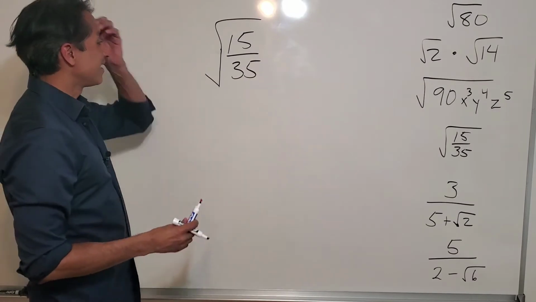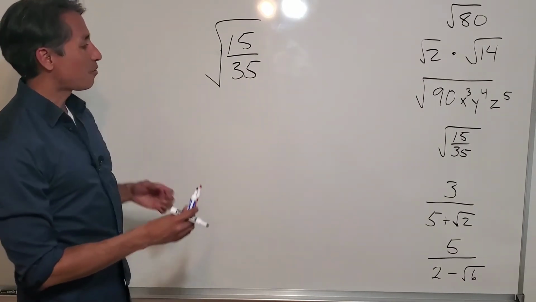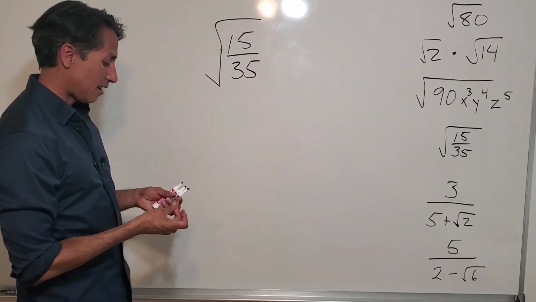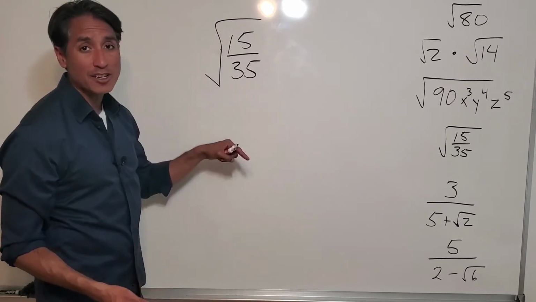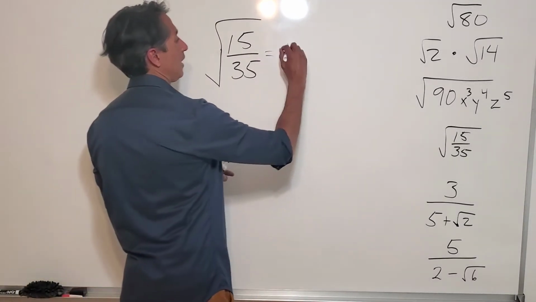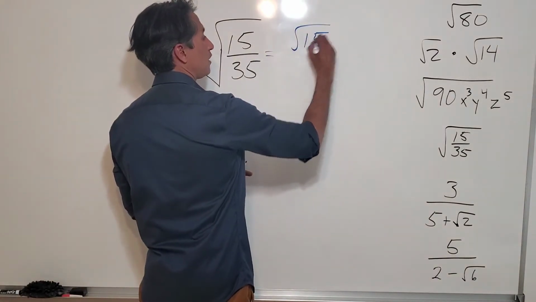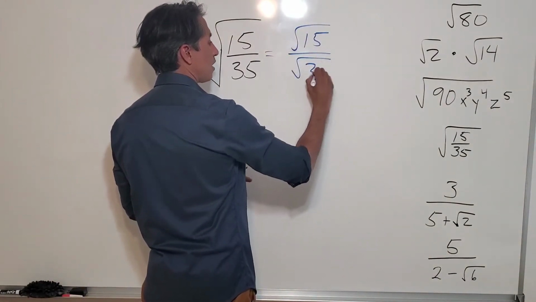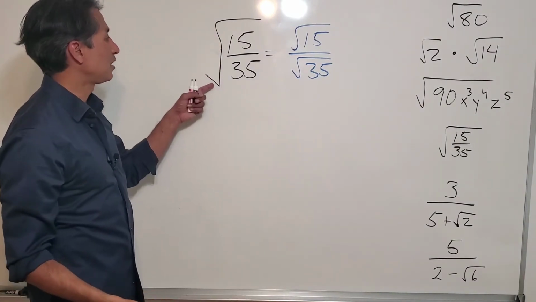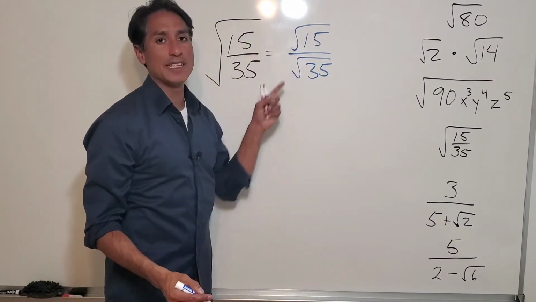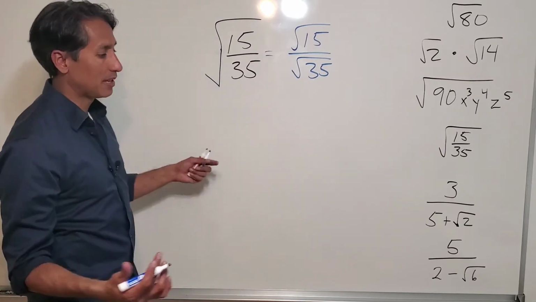Okay, let's do this guy here. Now, we've talked a lot about this, and there's a rule in math which allows you to say the square root of a fraction is the same thing as the square root of 15 over the square root of 35. Essentially, what you're doing is you're splitting the square root into each of these little parts. You're allowed to do this.